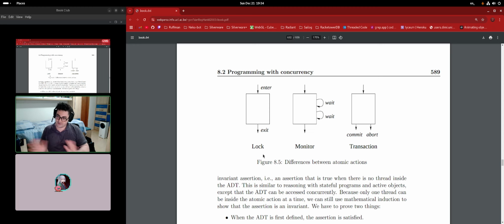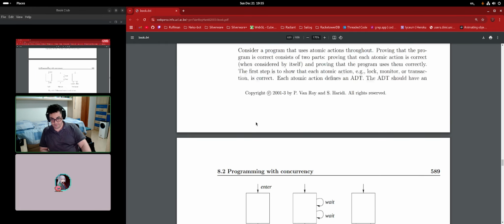Locks is essentially the vanilla default approach for imperative concurrent programming. It's the low-level primitive that is used as a foundation for monitors and transactions, right? Well, there is a little bit of discipline, right?